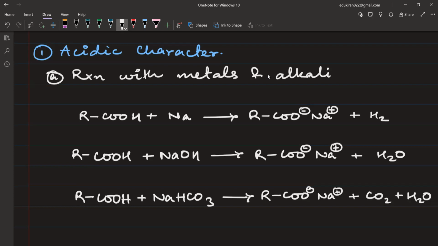Write this down quickly. Next thing is important, that is the acidic strength of carboxylic acid. Done everyone? Yes or no? Please tell me.